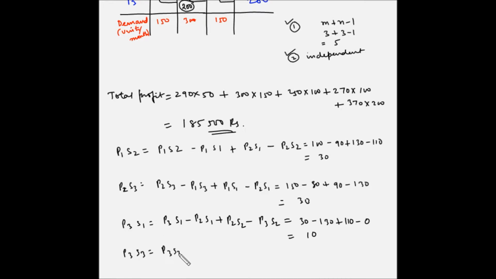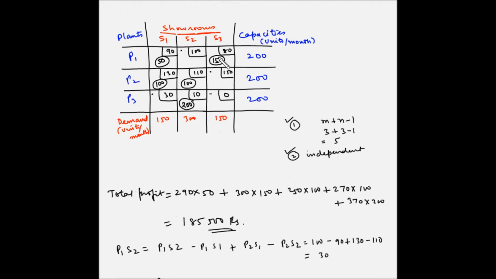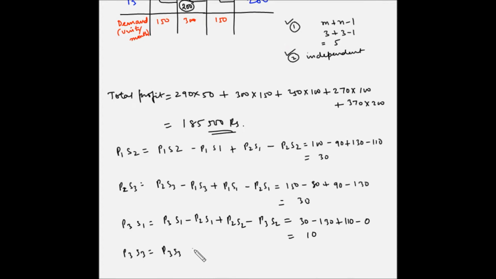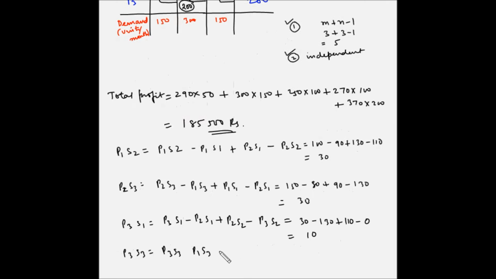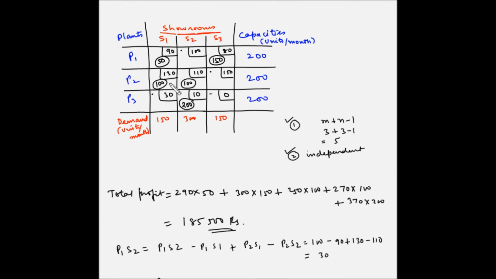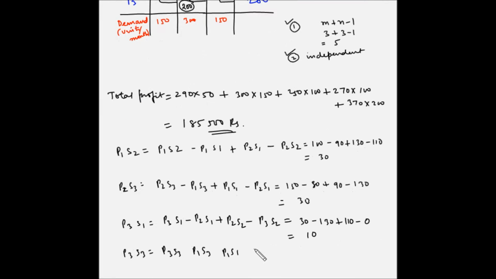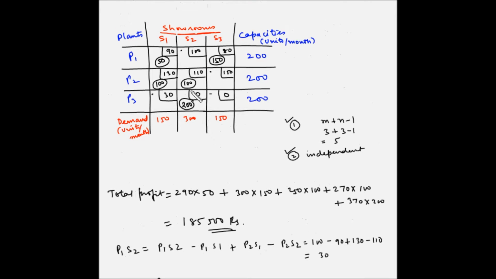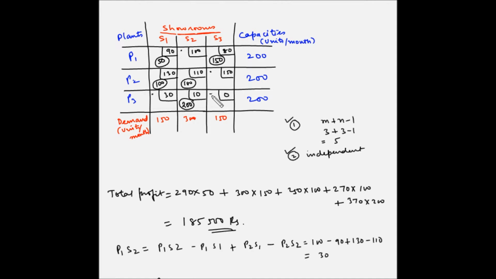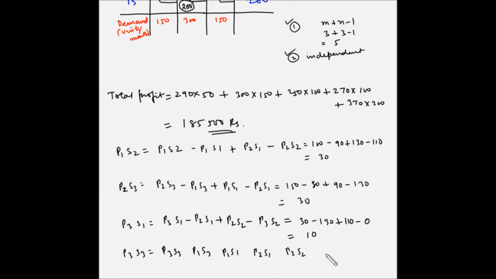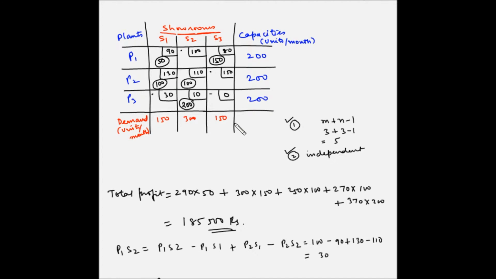So P3S3 to P1S3 to P1S1 to P2S1 to P2S2 to P3S2 and then back to P3S3.